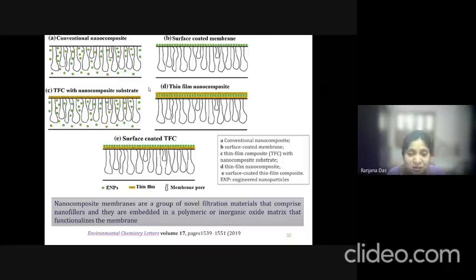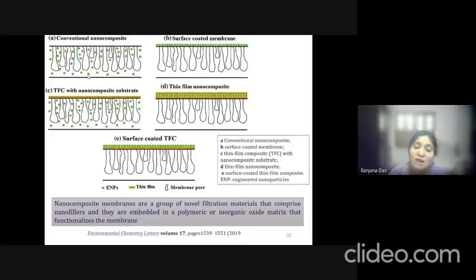And this picture shows the different ways by which this membrane can be modified, or this nanocomposite membrane can be prepared. The first concept is incorporation of the nanomaterial within the membrane. That means the nanomaterial is within the thickness of the membrane. You have added the nanomaterial in the casting dope and you have cast the membrane.